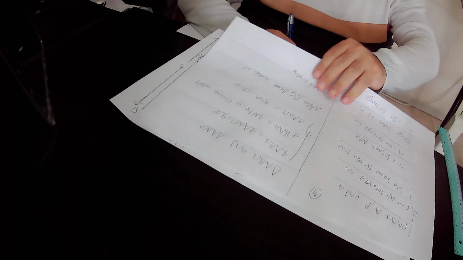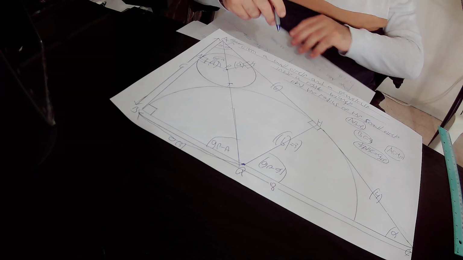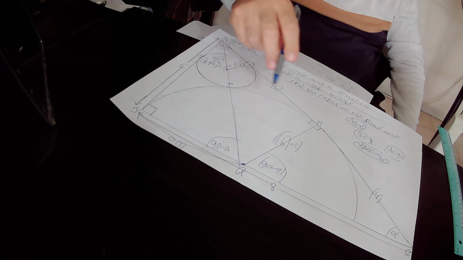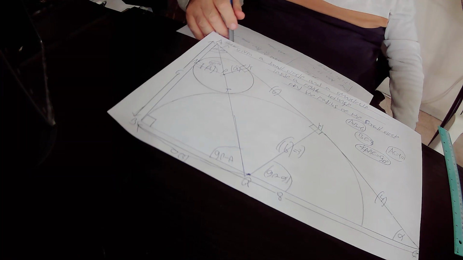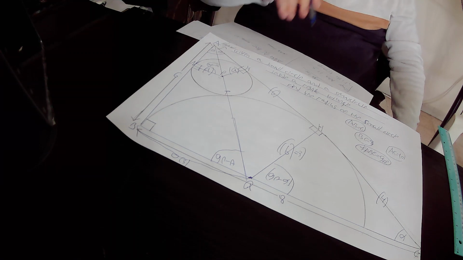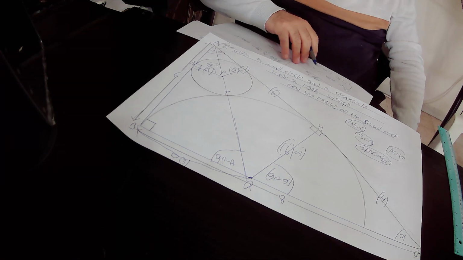From the fact that the big right triangle ABQ is similar to the small right triangle ANP, we derive that the following relationship exists between their sides.